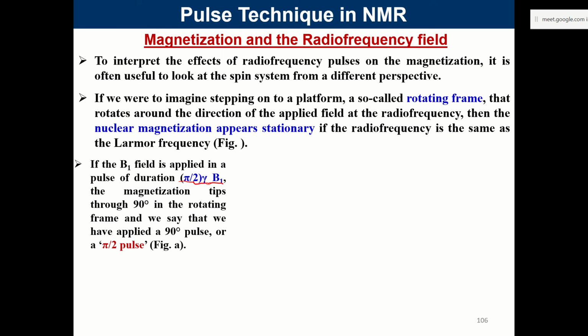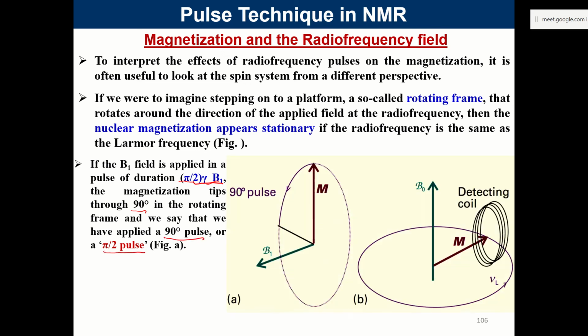So pi by 2 gamma B1 is the time in which the magnetization vector moves in the circle by 90 degrees. If we do that, then we say that we have applied a 90-degree pulse, or a pi by 2 pulse. Usually this comes out to be on the order of a few microseconds.